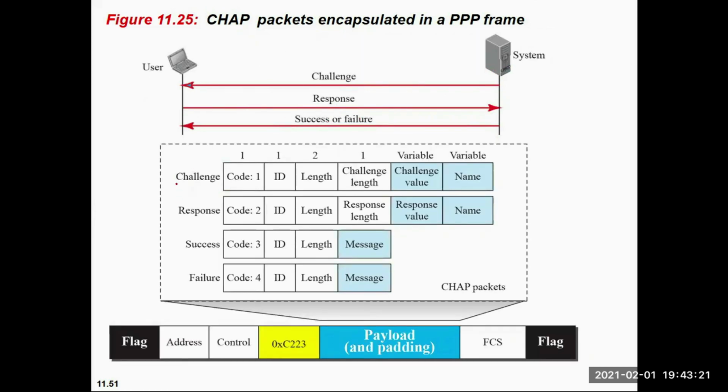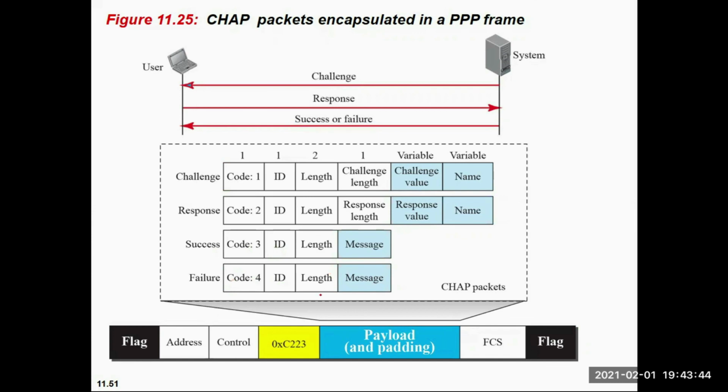For the challenge, your payload will look like this: code, ID, length, challenge length, then challenge value, and the name. The response will be in the same manner, and for success or failure, it can send either success or failure.